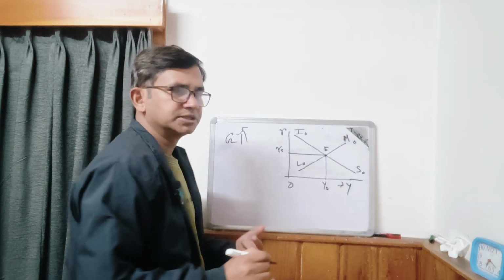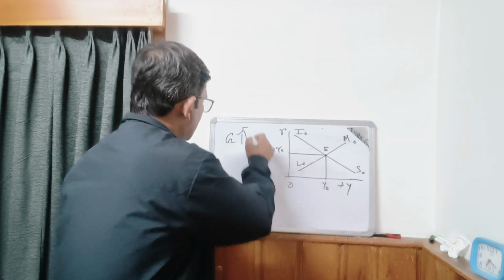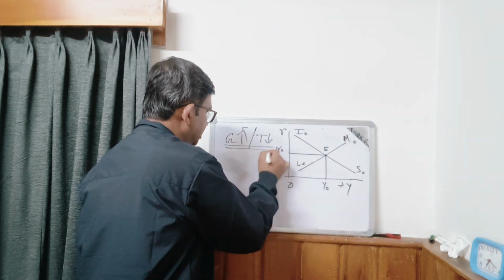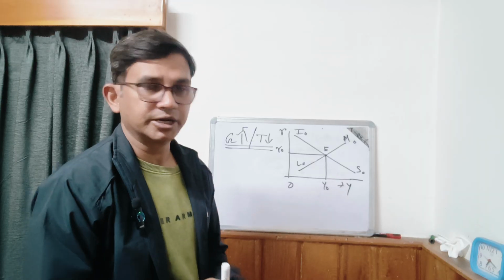Now suppose that either there is an increase in public expenditure or there is a decline in tax. Graphically it will be the same, mathematically it will be different.